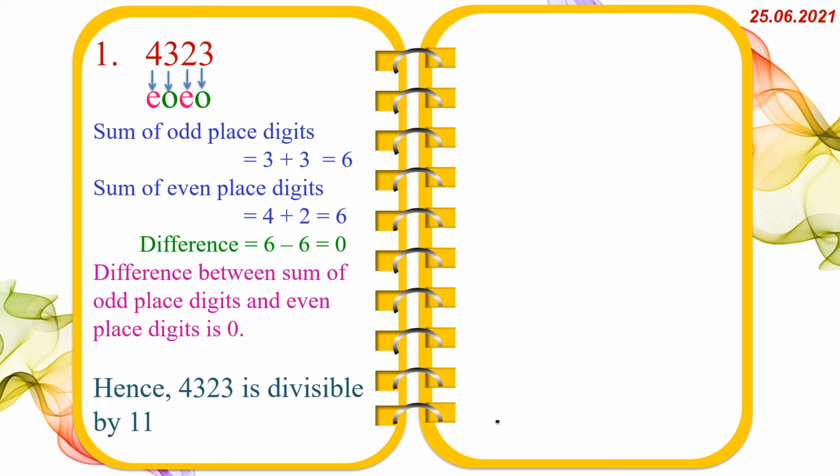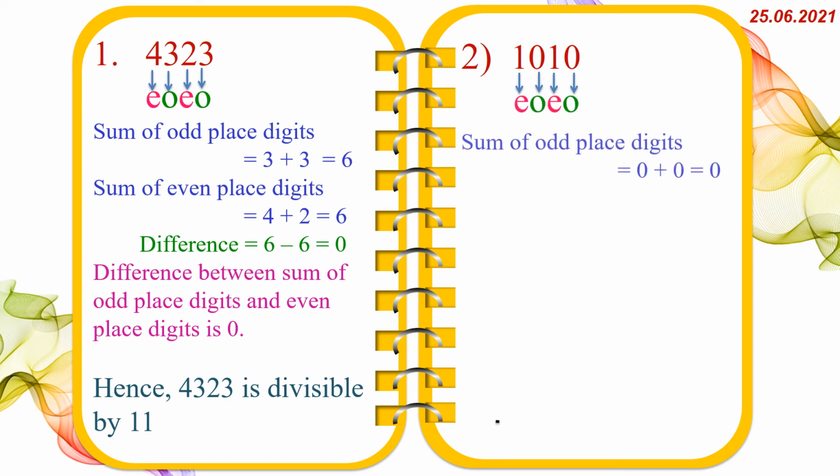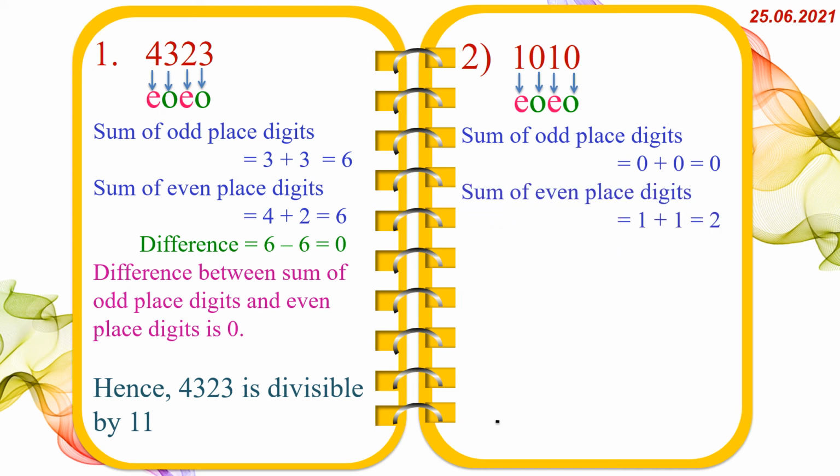Another example, 1010. First, add up all the digits in the odd places and add up all the digits in the even places. So the sum of the odd place digits equals 0 plus 0 equals 0. The sum of the even place digits equals 1 plus 1 equals 2.